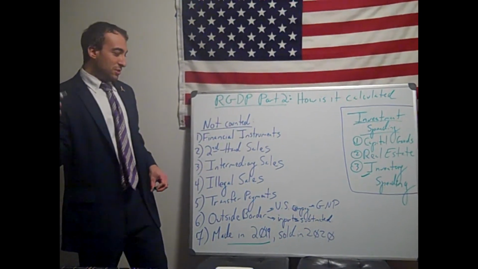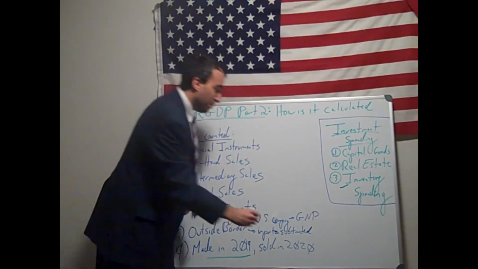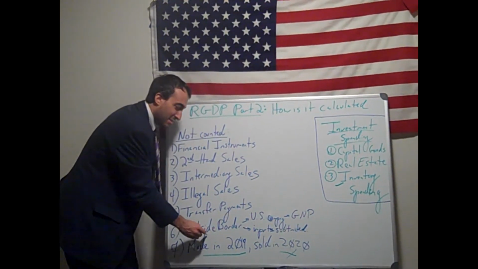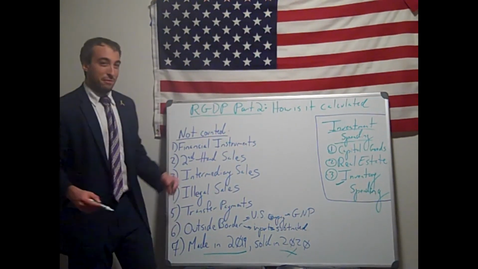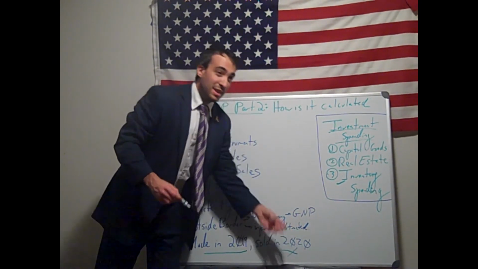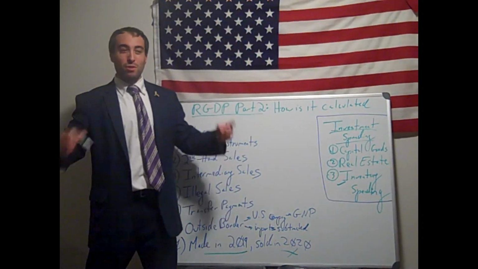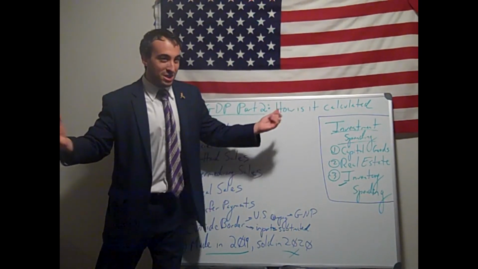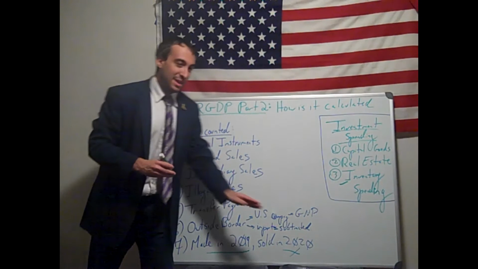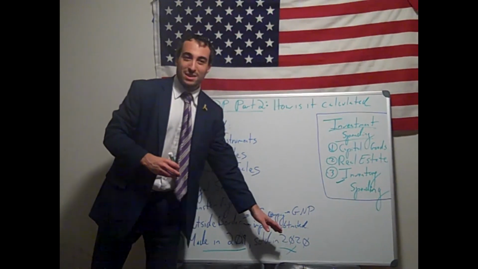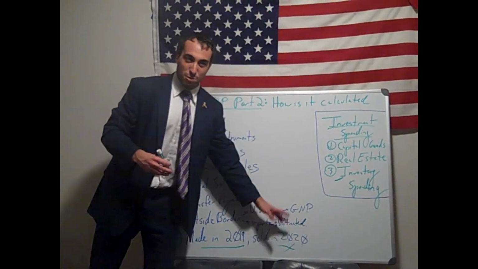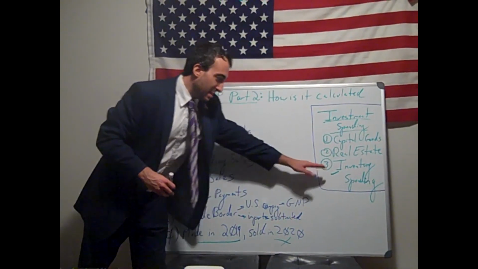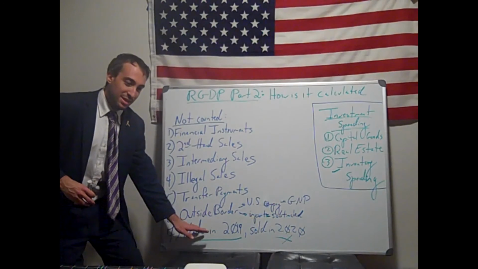And if it's sold in 2020, it would not be counted because that item would have already been counted in 2019, and if we counted it again in 2020, it would be double counting. We are only counting newly produced goods and services. So it's great that the item sold, however, it's not counted in 2020 because we would technically be counting that item twice. So it would only be counted as inventory spending in 2019.